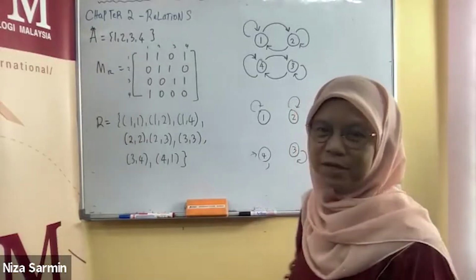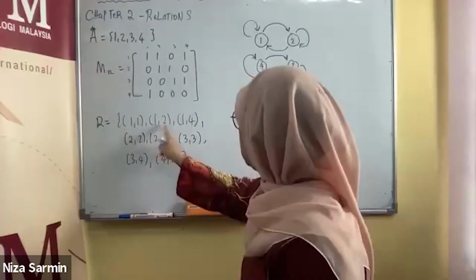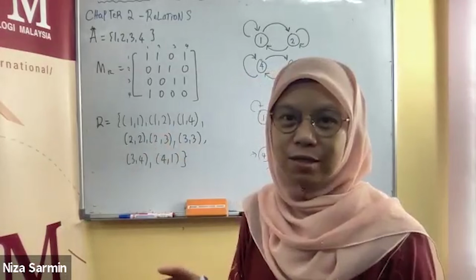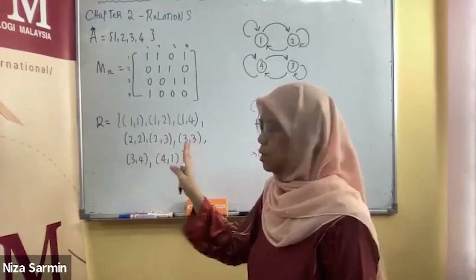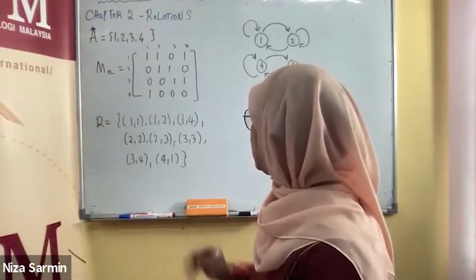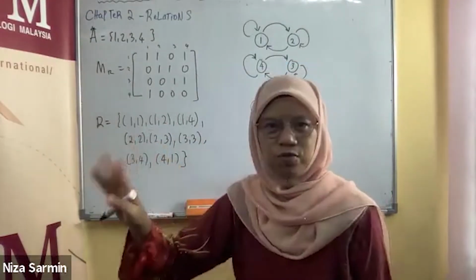Transitive is a little bit tricky, right? Transitive, you have to look. 1, 2, 2, 3. There is no 1, 3. So it's not transitive. 1, 2, 2, 3, but not 1, 3. Okay. Maybe there are some others. 2, 3, 3, 4, but not 2, 4.